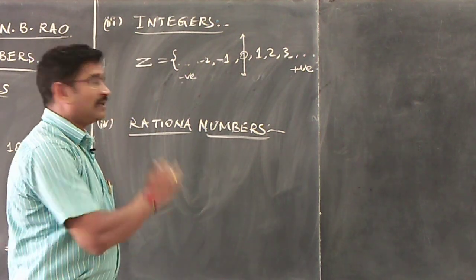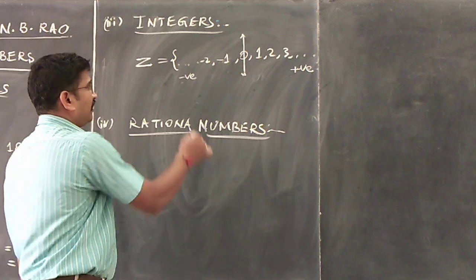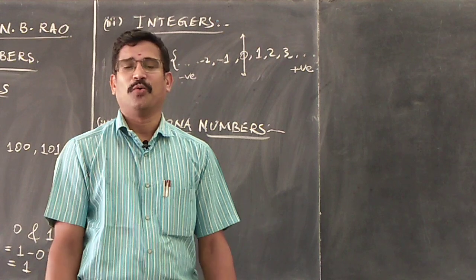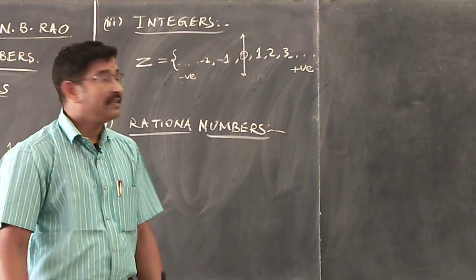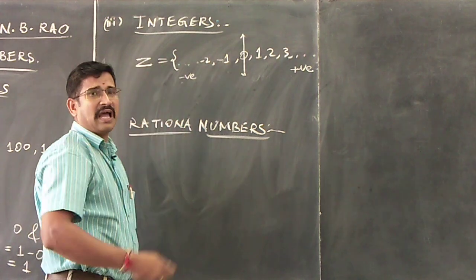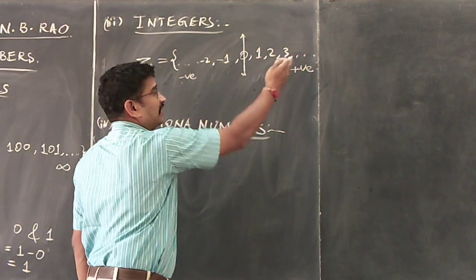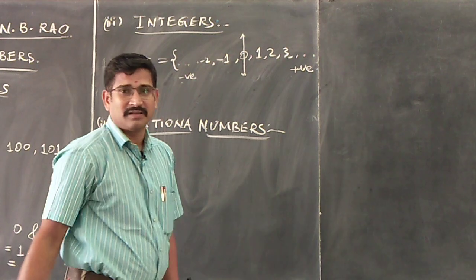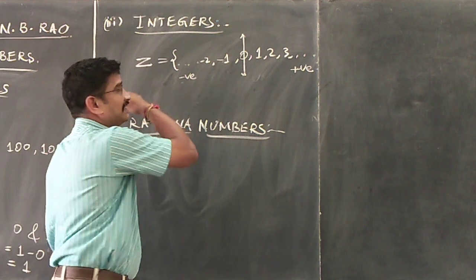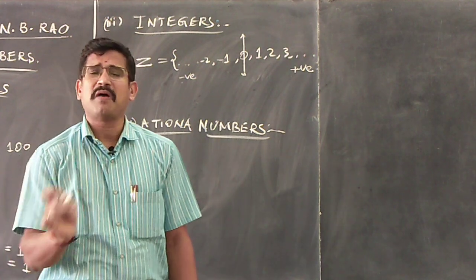Children, here can you tell me the smallest integer? No. Why? Because in the negative direction also I have so many numbers, as in the positive direction. So, you know that in the integer set there is no smallest integer.